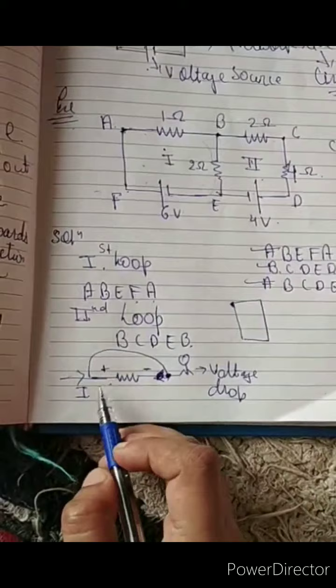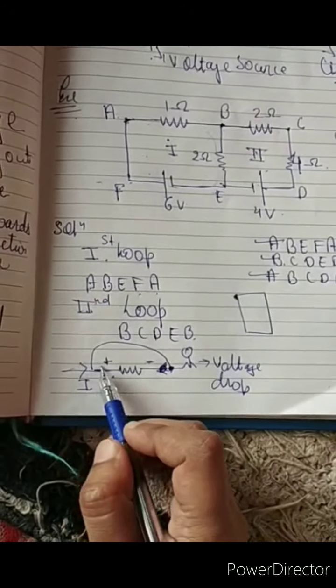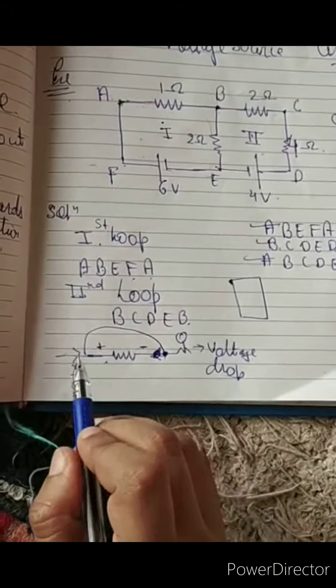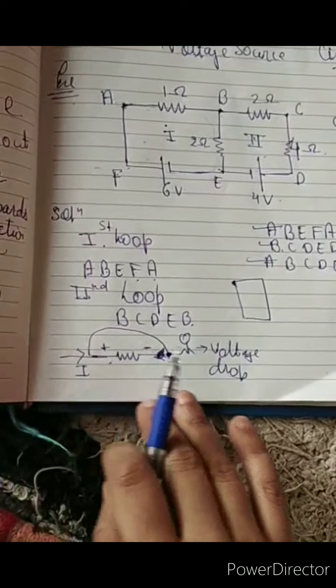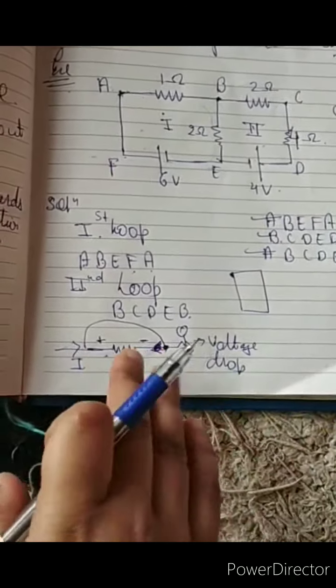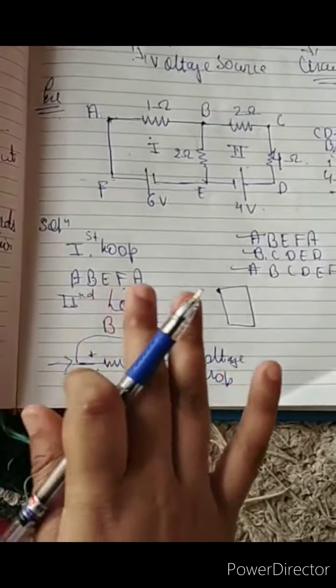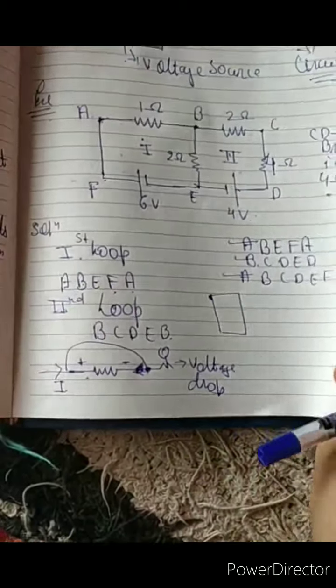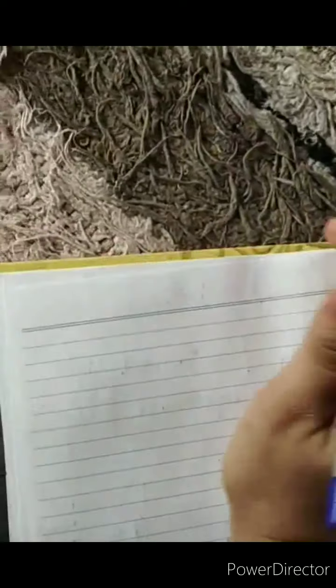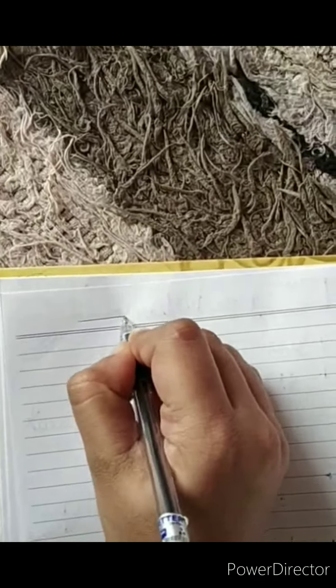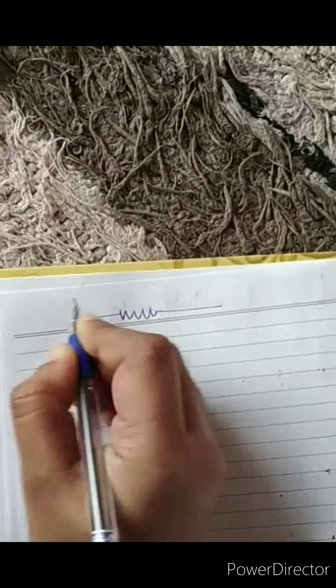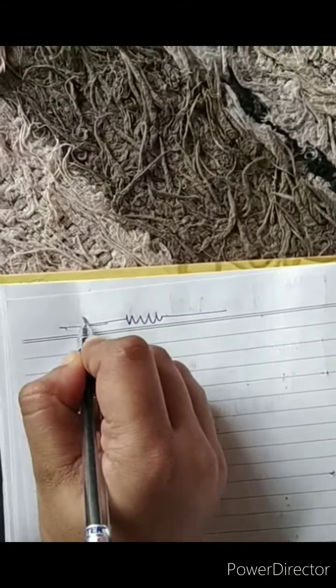So in a resistor it goes from plus to minus. It's not all about where current is flowing, it's about where you are traversing. Let me explain more so you get a better understanding. For example, this is a resistor and let's say current is in this direction.